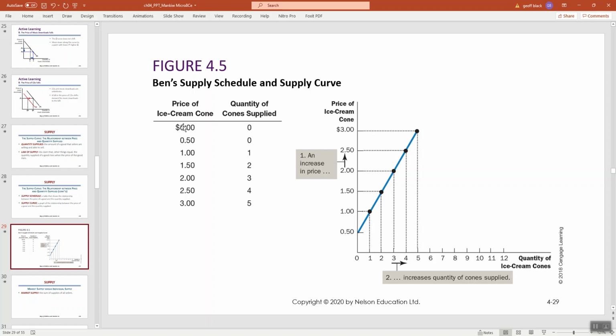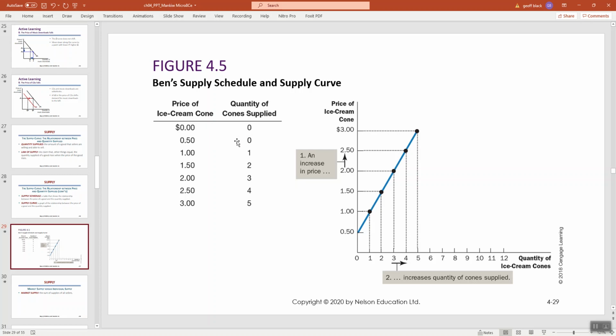And at a price of $0, clearly, the firm is going to supply 0 ice cream cones. As that price goes up from 0 to 50 cents, there's still 0 supply. So this is Ben's supply, right? So this is one supplier, Ben. At a price of 0, he's willing to supply 0 ice creams.